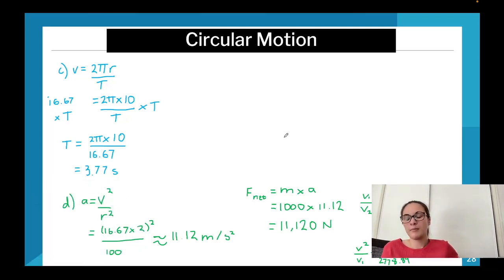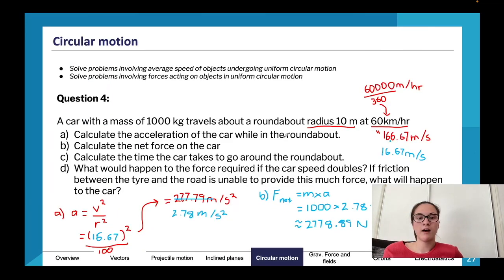I can't. But just by doing a little ratio comparison like that, we could say the force required as the car speed doubles: when the car speed doubles, the force required by the car multiplies by 4, goes up by 4. It goes up by a factor of 4.